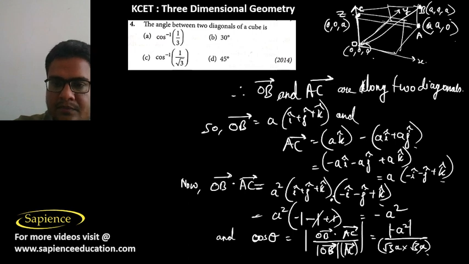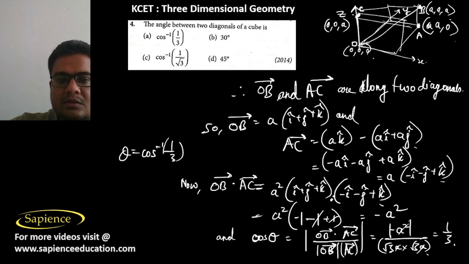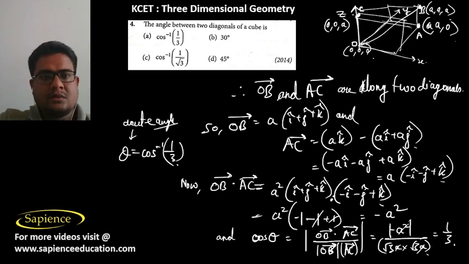So this will be 1 by 3. Therefore the angle theta is cos inverse of 1 by 3. Here theta is only the acute angle between the two diagonals of the cube. Option A is the correct answer.